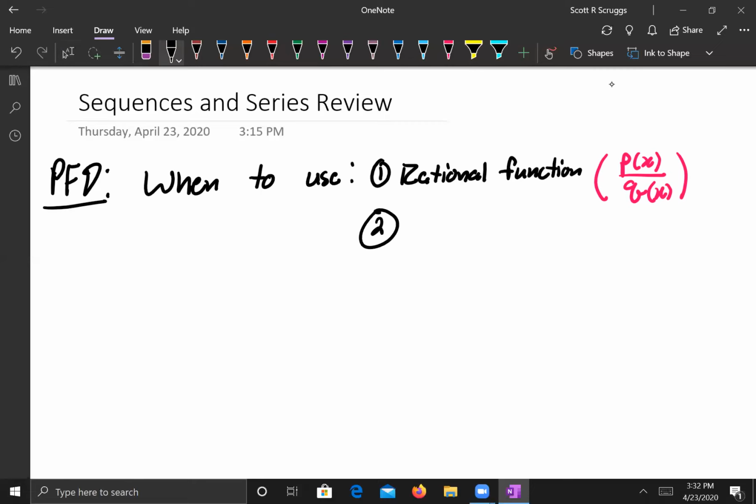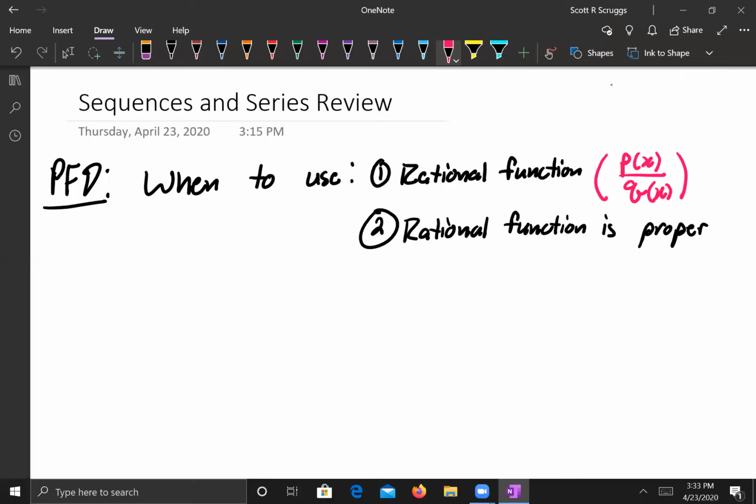And the second case I need for partial fraction decomp is I need the rational function to be proper. It has been a while since I used that lingo, so let me refresh what I mean when I say proper.